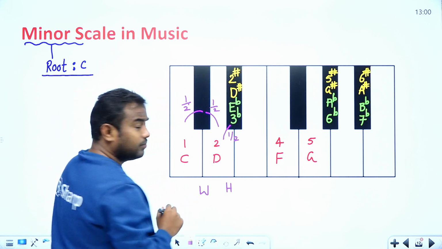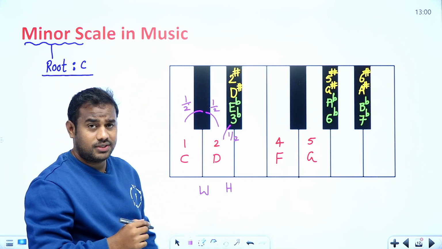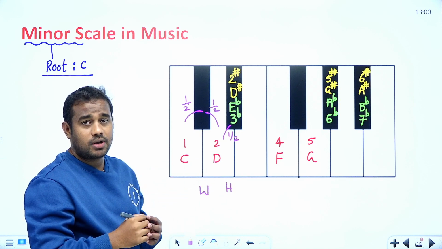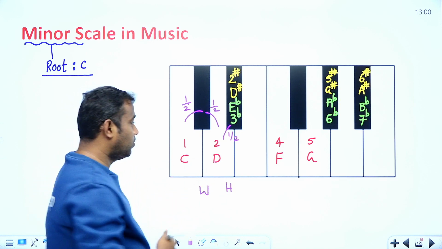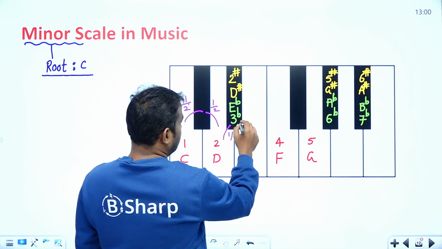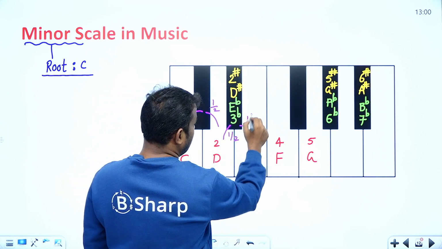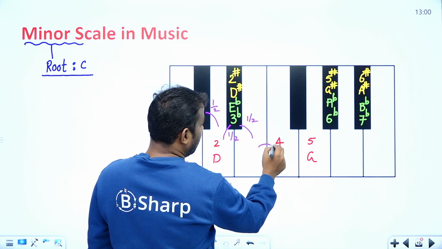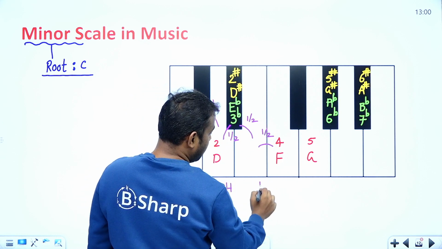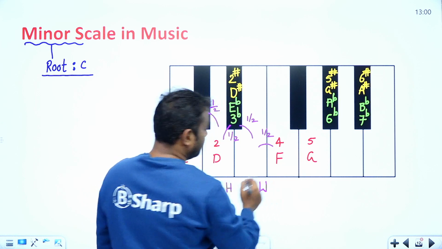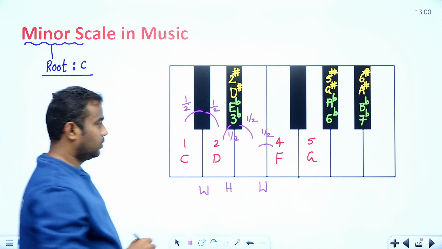Some musicians also say distance. In the previous video I was talking about the term distance, or else you can call it a difference also, both are fine. Now look here: one half tone and another half tone, so the difference is one whole tone.